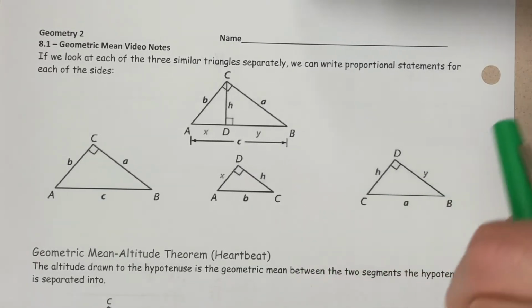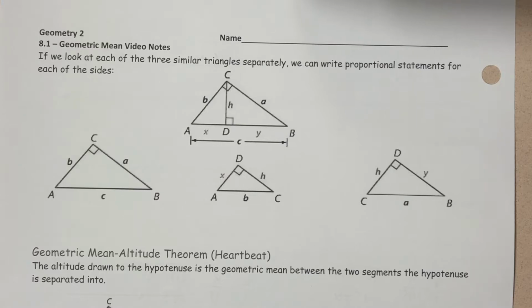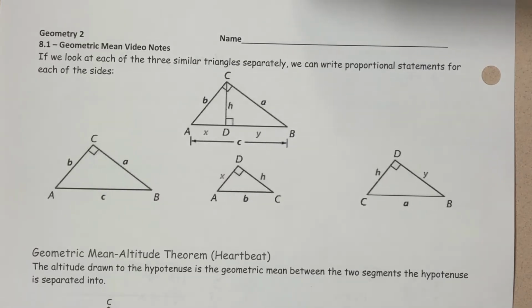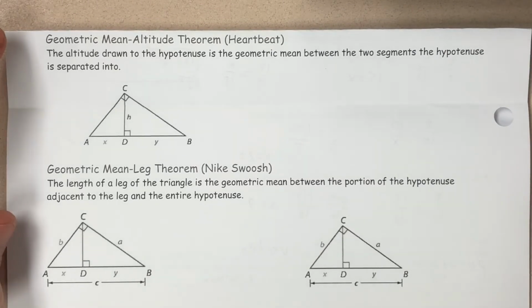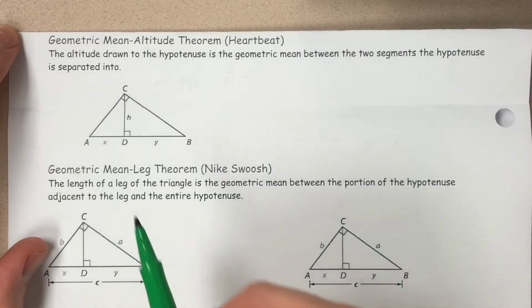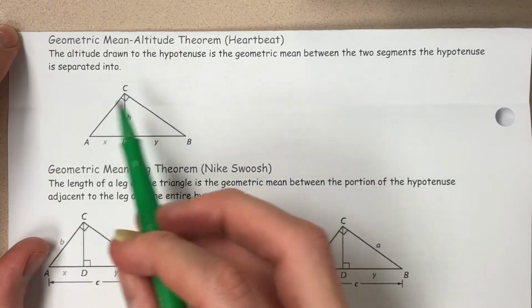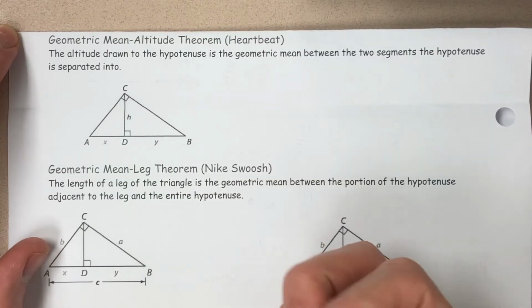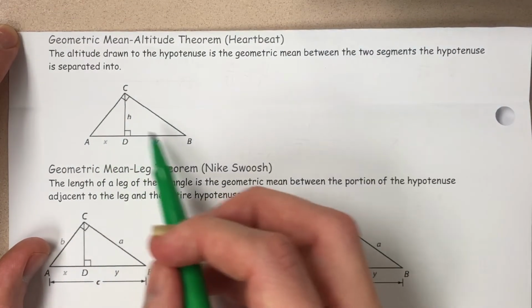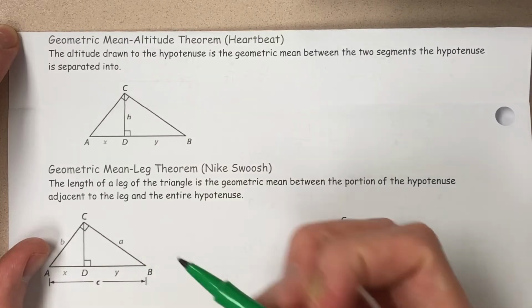But one thing that we have that's helpful is the geometric mean altitude theorem, which I will show you in 1 second. So we call this method to find the geometric mean, and this is usually used to find the hypotenuse when we know what x is and we know what y is. We can also use this when we're looking for either x or y and we know the hypotenuse.